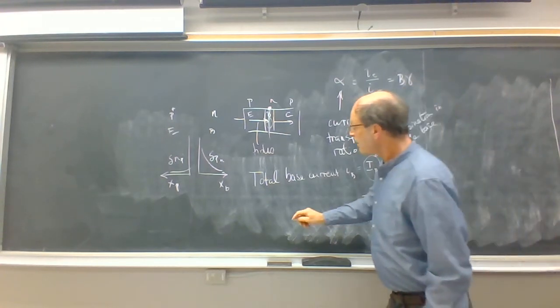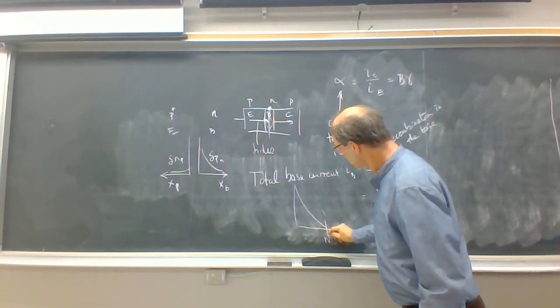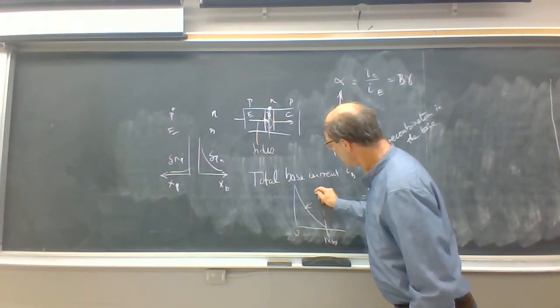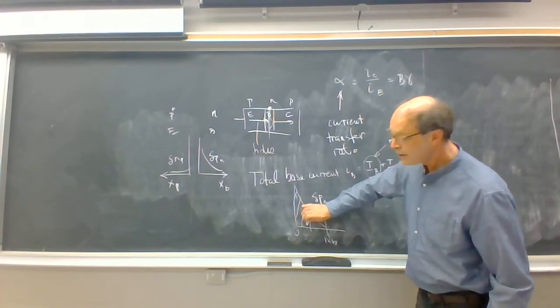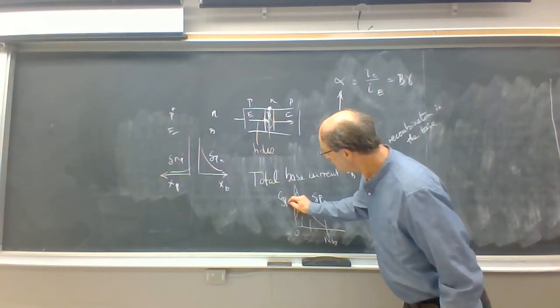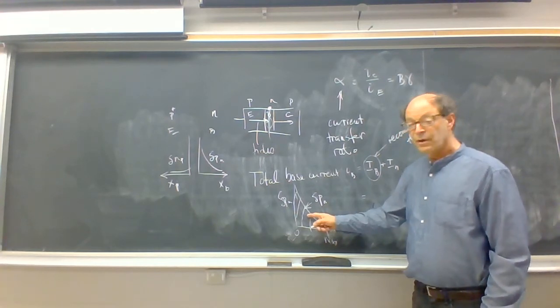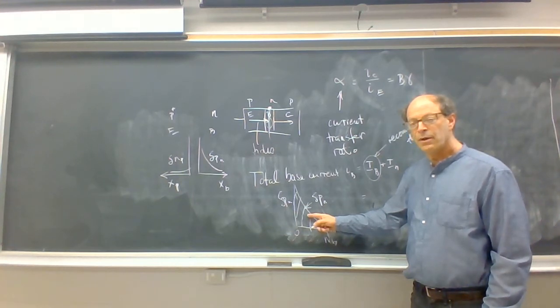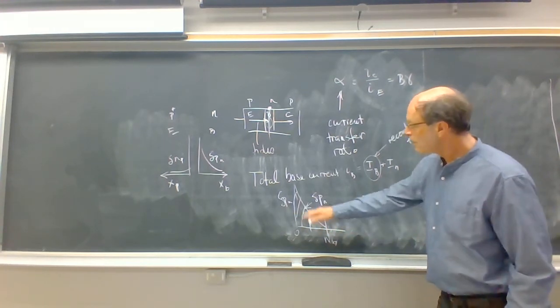So remember that inside the base, the charge in the base, which is the area under this curve, is really recombining in average time tau, the recombination time, which means that the base current that flows is due to the loss of carriers in the base.